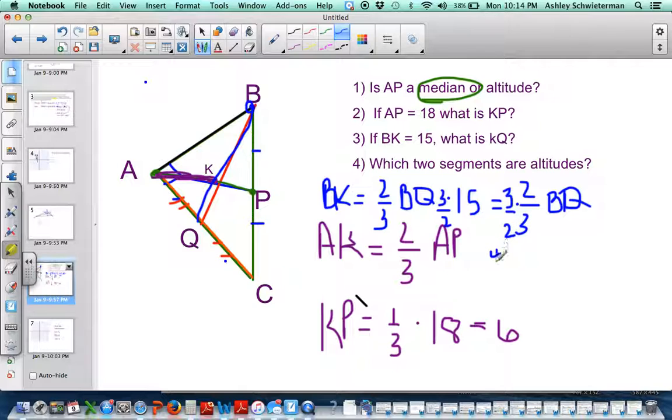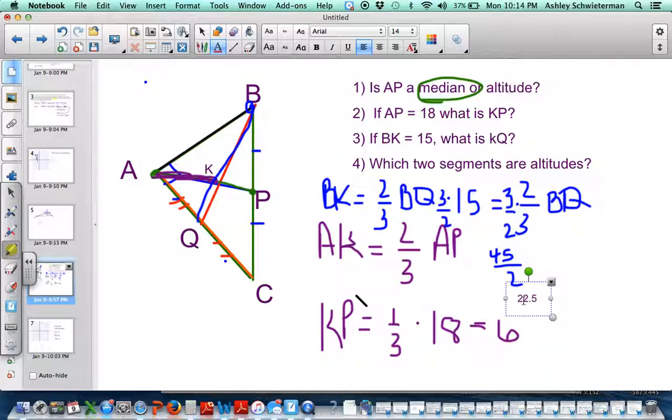So 45 halves, or 7.5? No, 22.5 is equal to BQ.